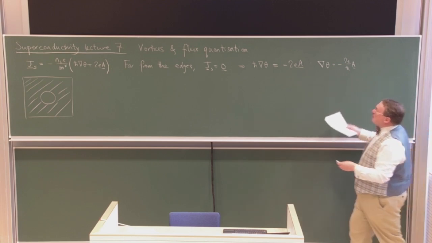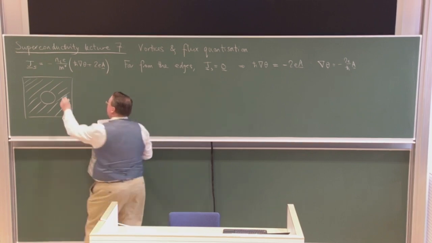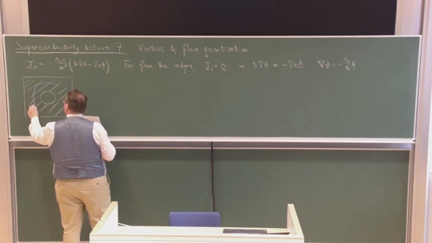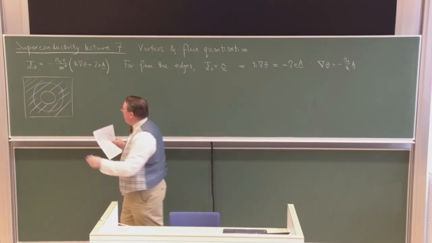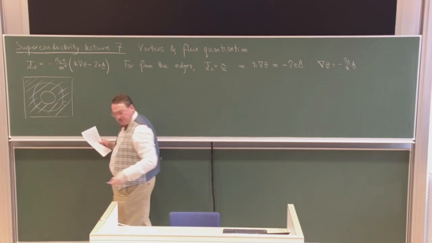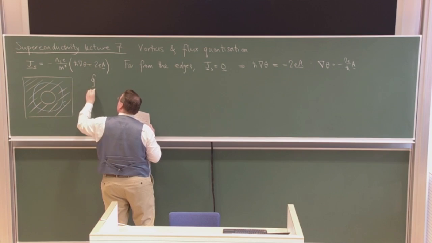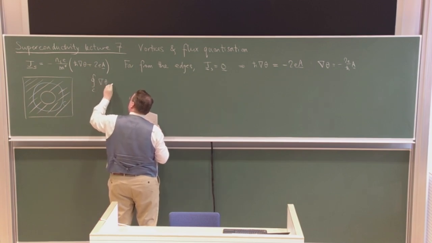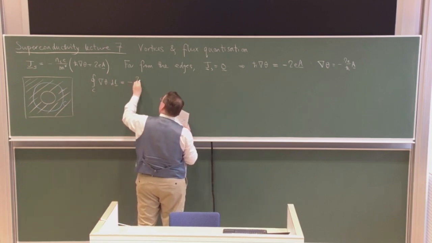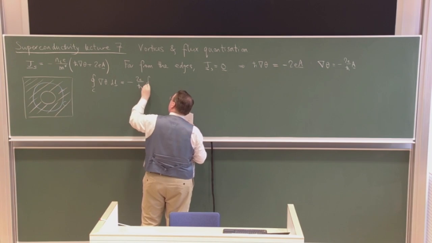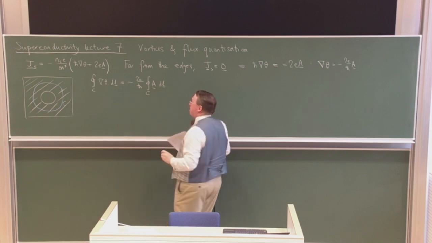So let me integrate this equation round a loop, which is deep in the superconductor, nowhere near the edges. And then we get the integral around this closed contour of grad theta dot dl is minus 2E over h bar, the integral around this contour of the vector potential.